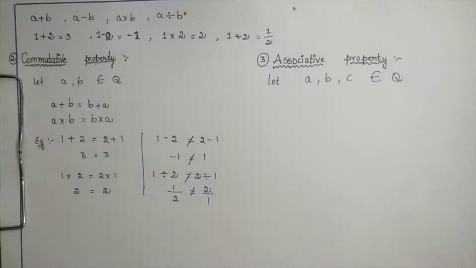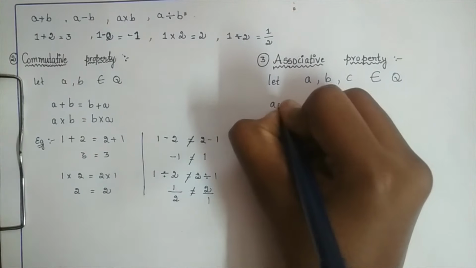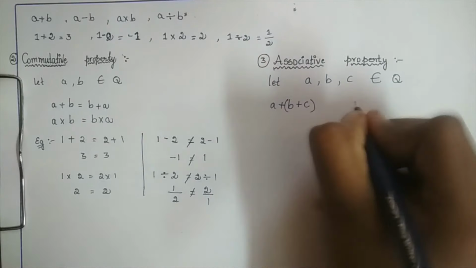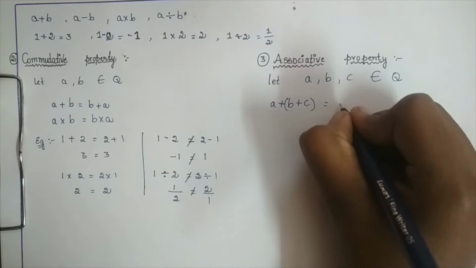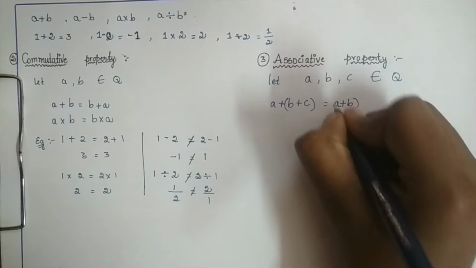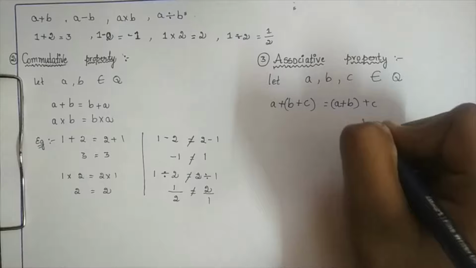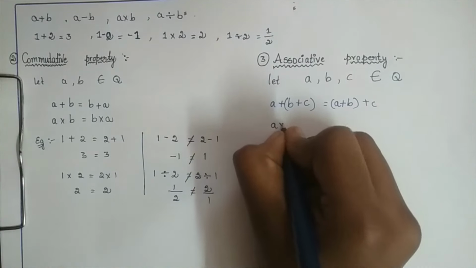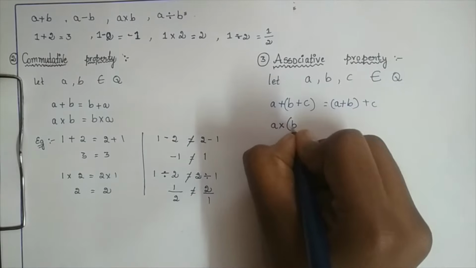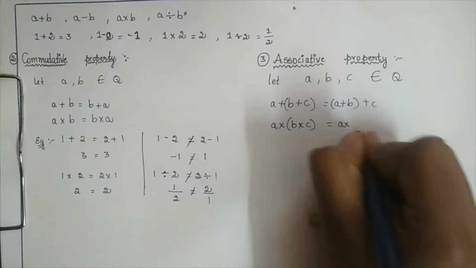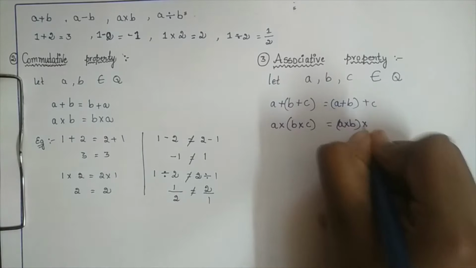Under this property, a plus (b plus c) is equal to (a plus b) plus c, and under multiplication, a into (b into c) is equal to (a into b) into c.